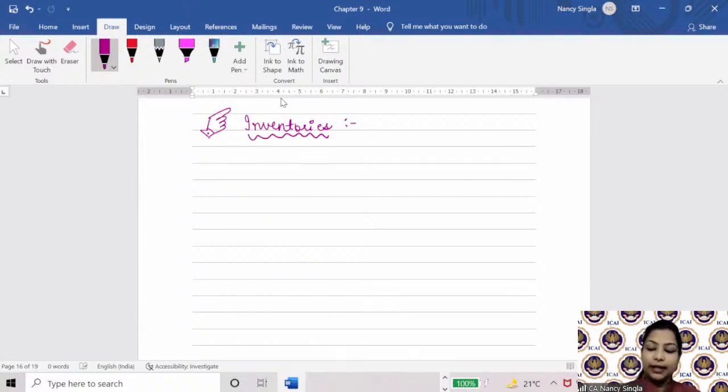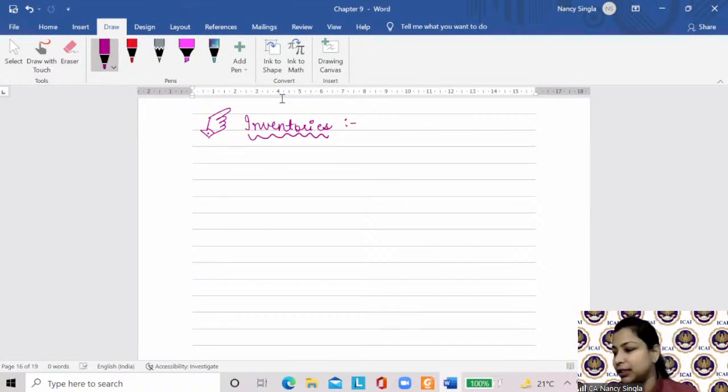We have already done SAs in great detail in chapter number 3. So if you have to verify the existence of inventory, which SA comes to your mind? First is this. Second question, if inventory is kept with third party, then which SA comes to your mind?